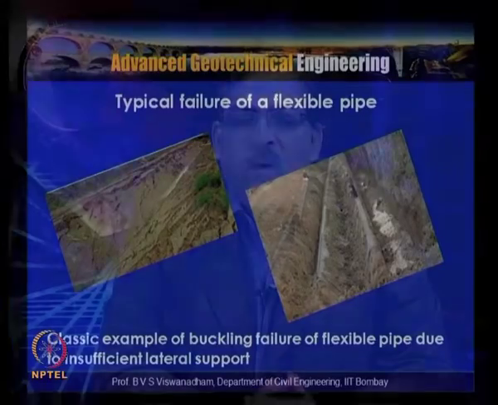So these issues of loading on buried conduits are very severe, particularly for flexible pipes with flexibility ratios d/t of the order of 200. Adequate care has to be taken in the design by taking these appropriate loading considerations.